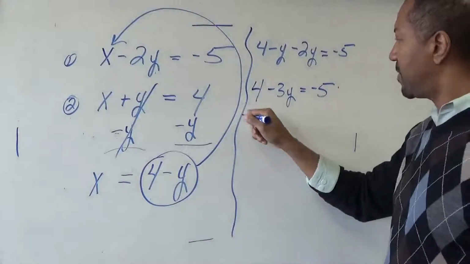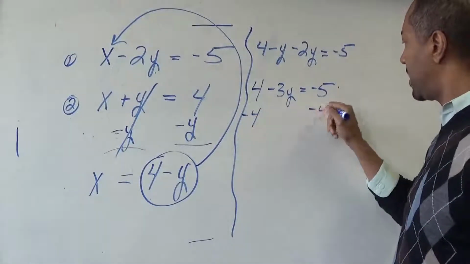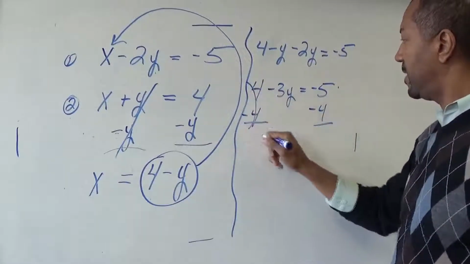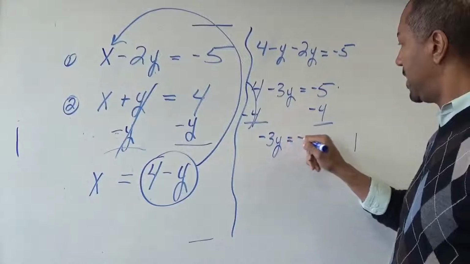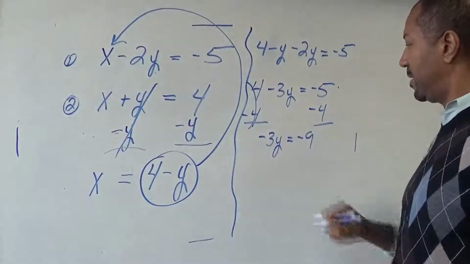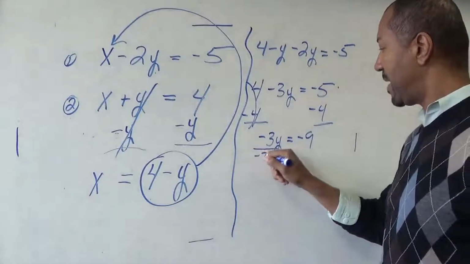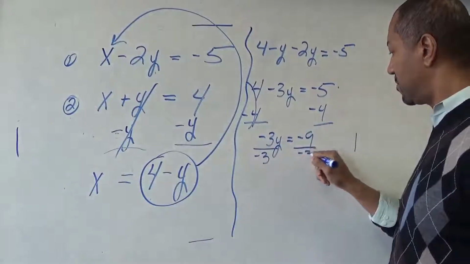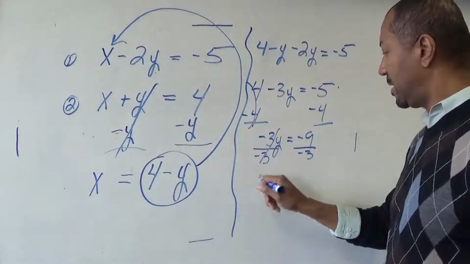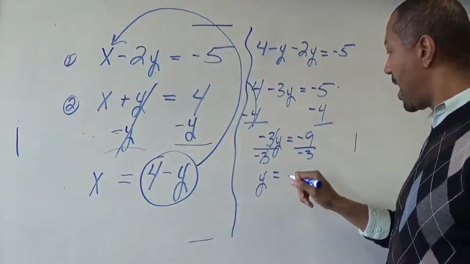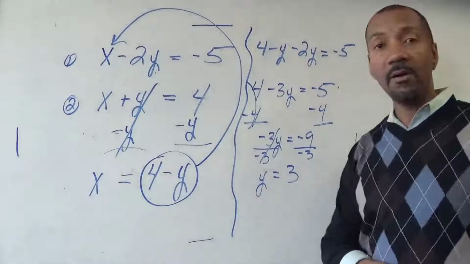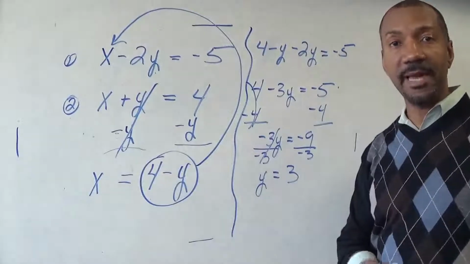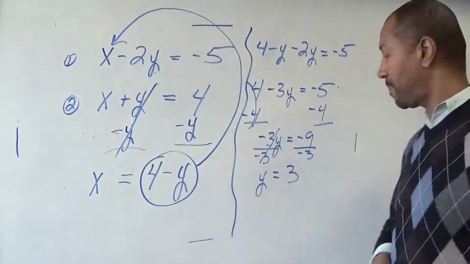I'll go ahead and subtract 4 from both sides, leaving me with negative 3y is equal to negative 9. And lastly, I'll divide by negative 3 on both sides, leaving me with y equal to 3. Okay, so that's great for us, and I hope that's what you got as well.